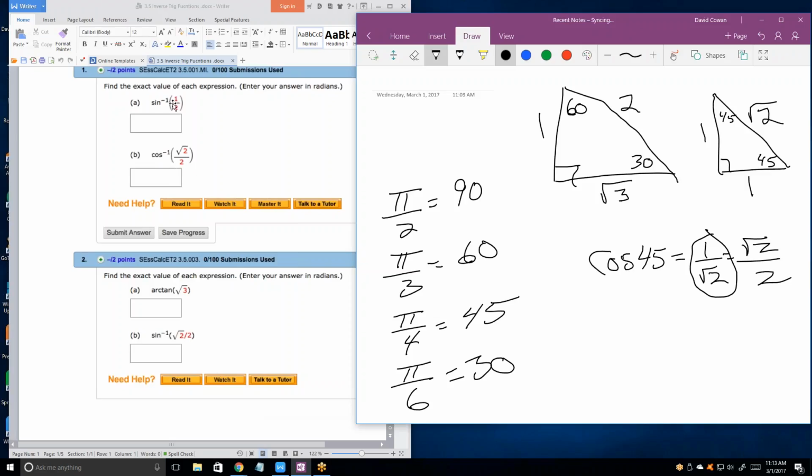Now, cosine is slightly different than sine and tangent. If I have a negative argument on an inverse cosine, then that is second quadrant. If you put into your calculator inverse cosine of negative root 2 over 2, it gives you the second quadrant angle, because cosine is considered positive in the first but negative in the second.